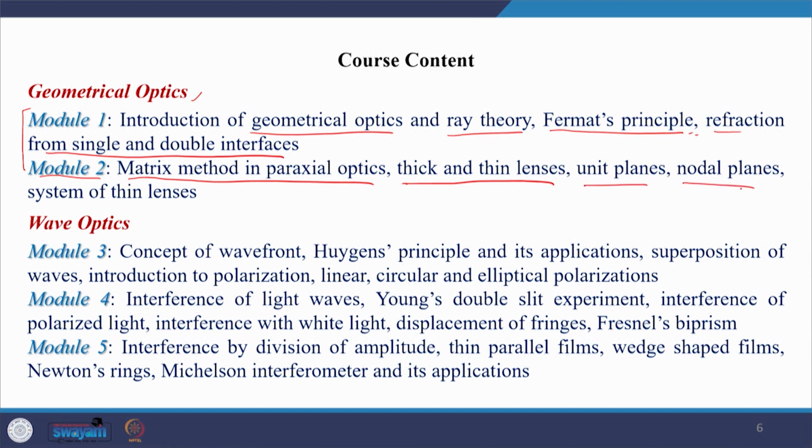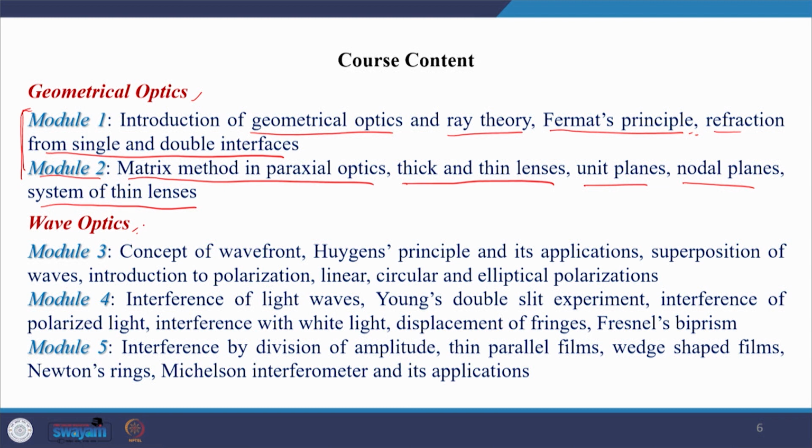At last, we will study a system of thin lenses, wherein instead of one lens, we will analyze 2 lenses placed together with a certain separation between them. In this topic, we will also derive the focal length for this combination of the lens system.